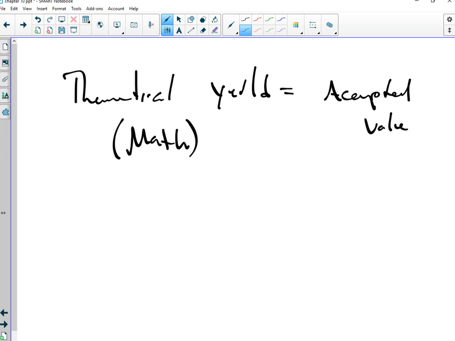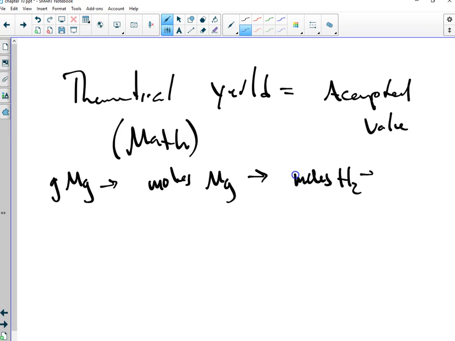That math was where we took the grams of Mg, converted that to moles of Mg, which we then converted to moles of H2, which we then converted to milliliters of H2.